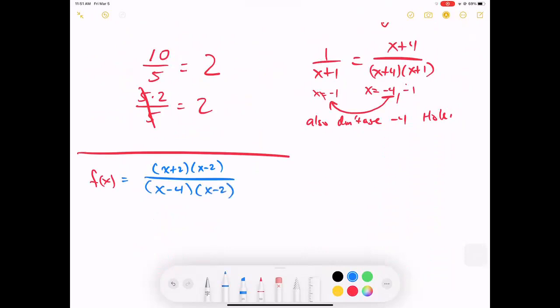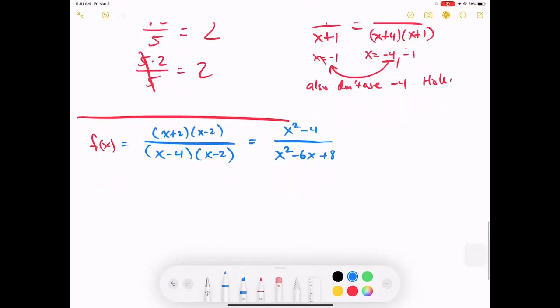This could also have been written as x squared minus 4 over x squared minus 6x plus 8. Which one is easier to graph?